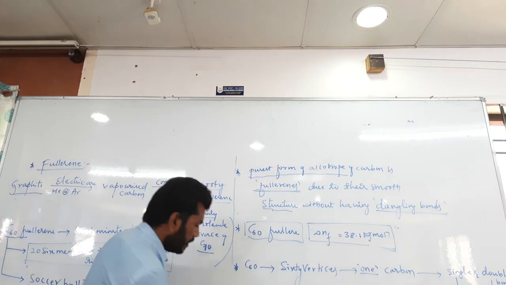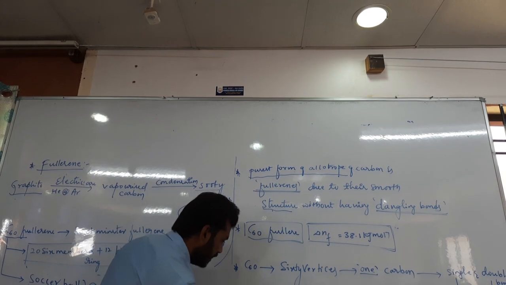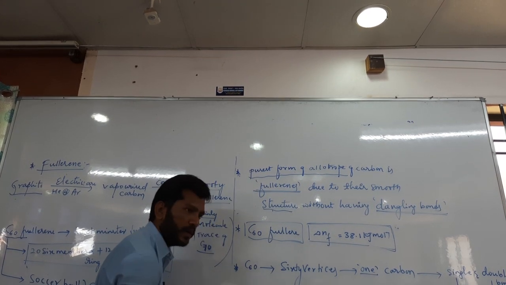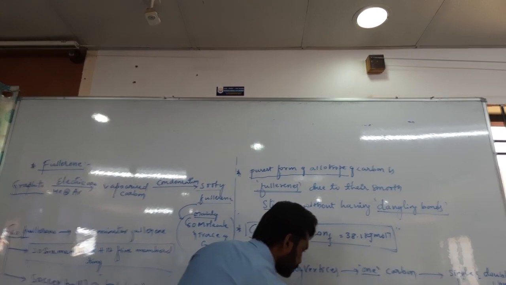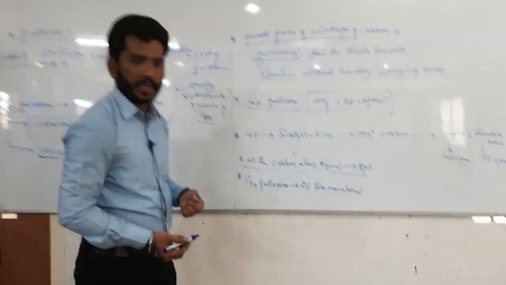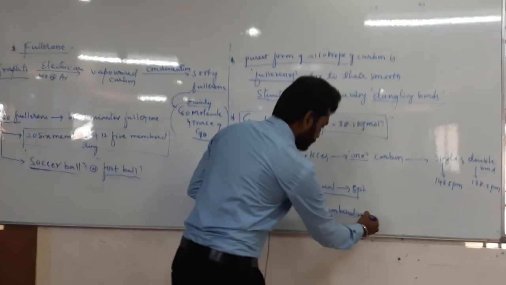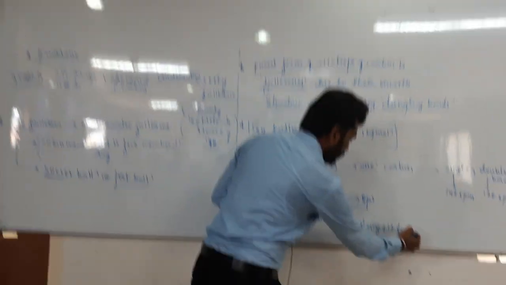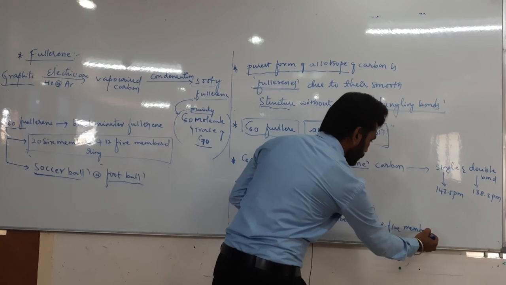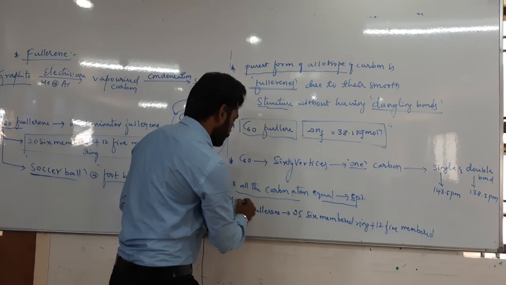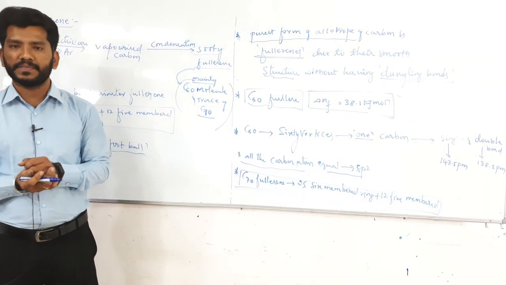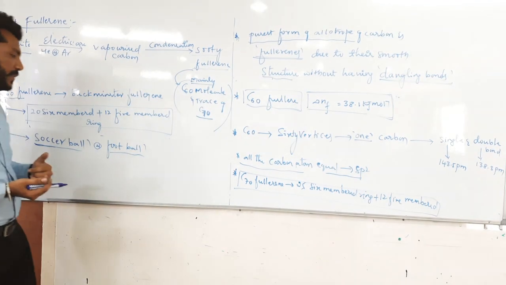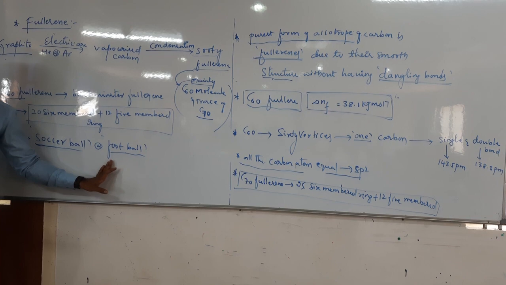Okay, and we can see that C70 fullerene consists of 25 six-membered rings and 12 five-membered rings, guys. And one contrast between C70 and C60: C60's shape is a soccer ball or football, whereas C70 is a rugby ball.